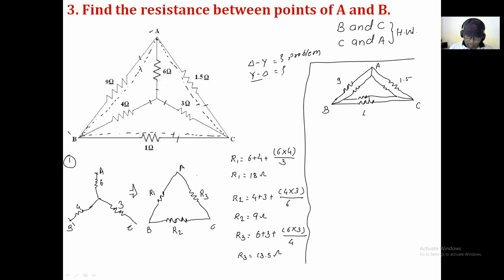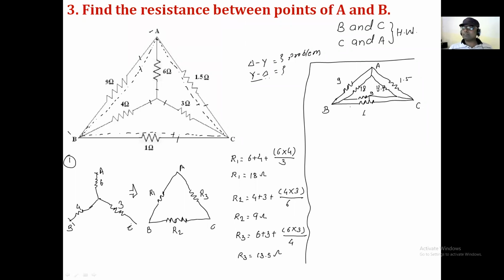A and B, R1. R1 is 18. So I say that this is an 18 ohm. This is a branch which is connected in between A and C. A and C, it's R3. R3 is 13.5. And this is the branch which is connected in between B and C. B and C, R2. R2 is 9.